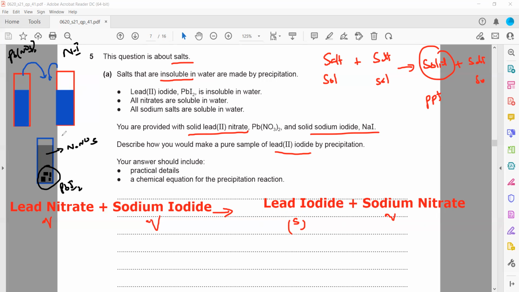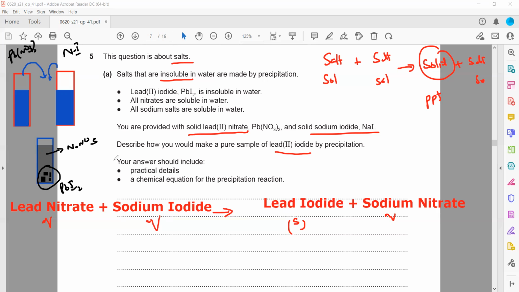We'll filter it, then we will wash. If it is an insoluble solid, we can wash it. But if it is a soluble solid, we don't wash, otherwise it will dissolve. So we will filter, then wash to remove any trace of impurity. After that, we can dry with tissue paper or filter paper.